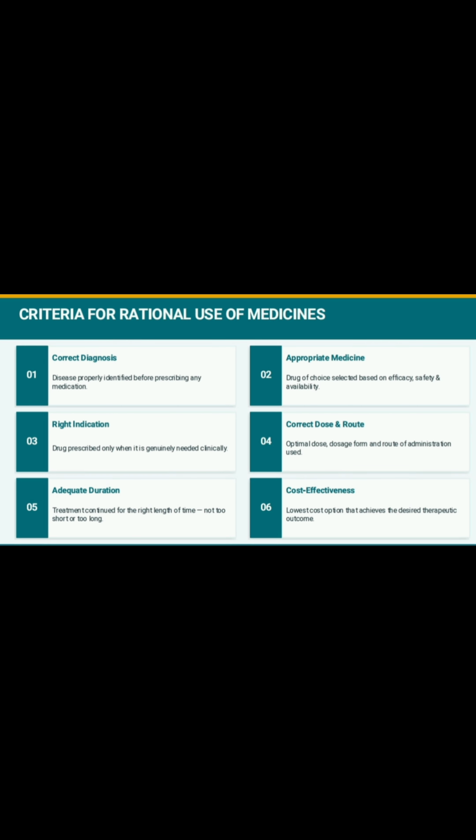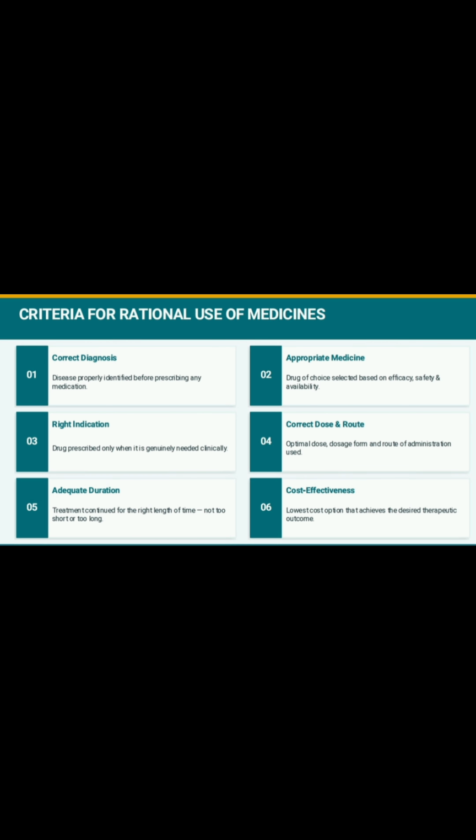Next is correct dose and route. Right dose, formulation, route of administration are equally important in the treatment of a particular disease. Adequate duration, not too short and not too long. It should be for the right duration of time period. Next is cost effective. We can select the dose or drug with maximum therapeutic effectiveness at low cost.